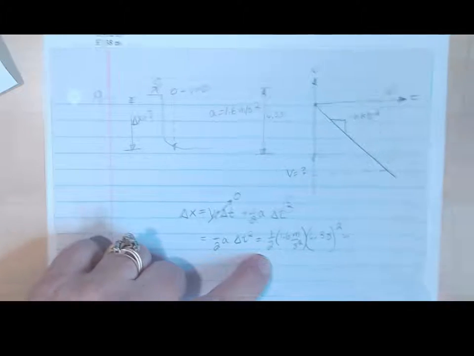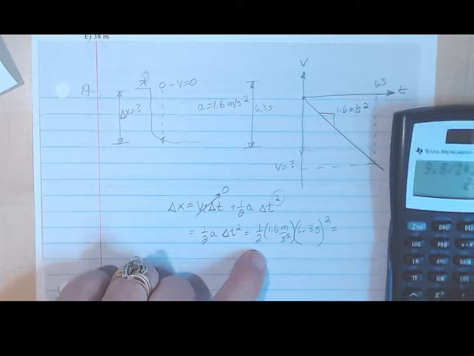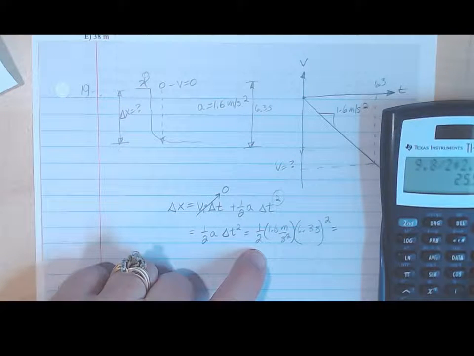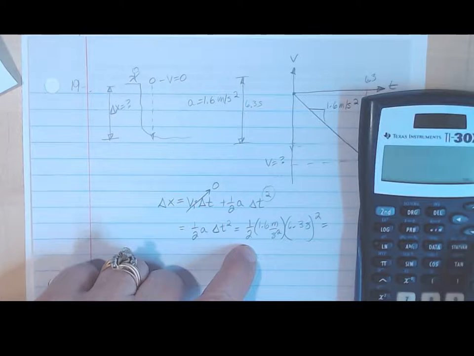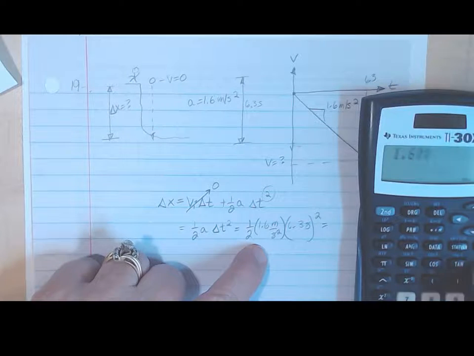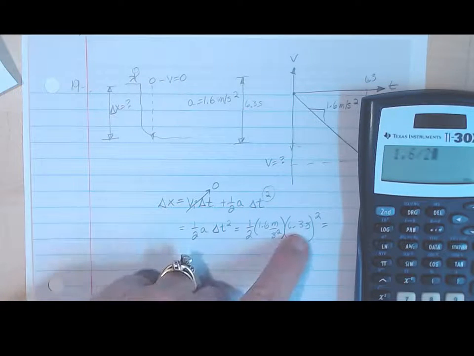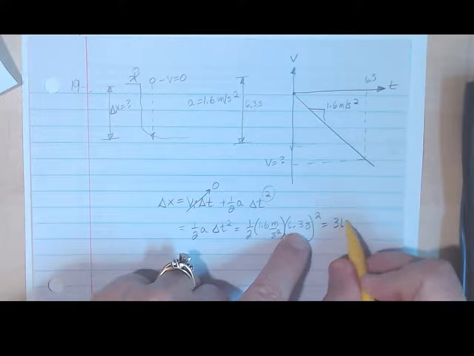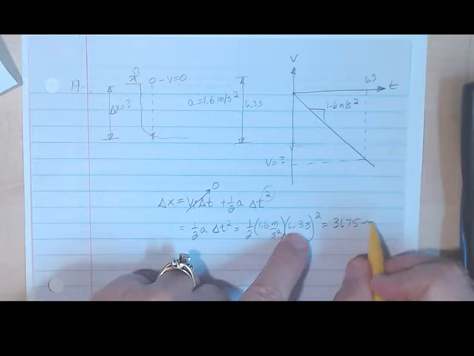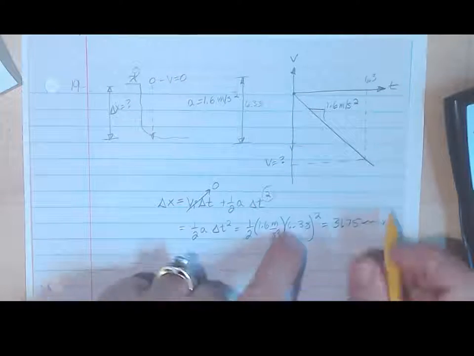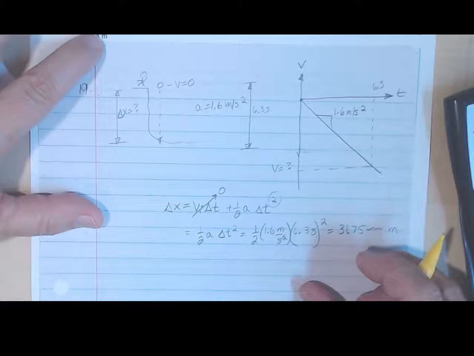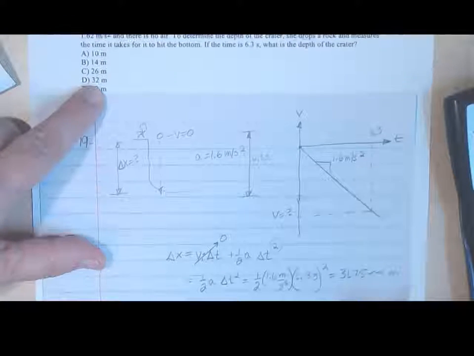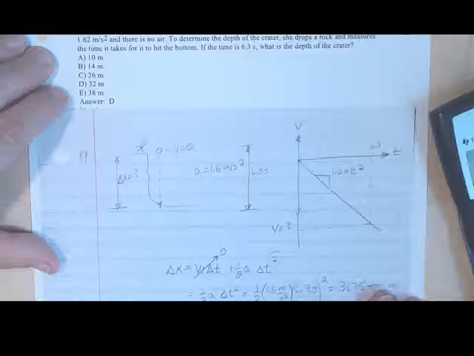Let's calculate and see what we have here. 1.6 divided by 2, could have done that in my head, times 6.3 squared equals 31.75 meters, which obviously when I look at significant figures takes me to 32. Answer D, and that is the one they want.